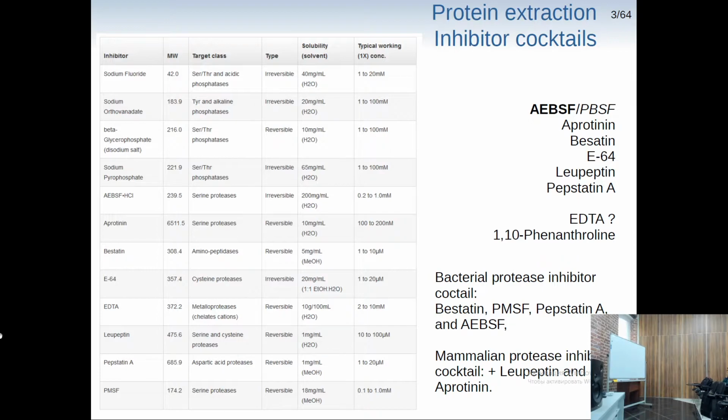There is no such thing because of their different nature. But we can use a so-called cocktail of inhibitors, and I got this table from the Thermo Scientific website. It's almost complete, and it provides you with a list of mostly used chemicals, and some even not only chemicals.